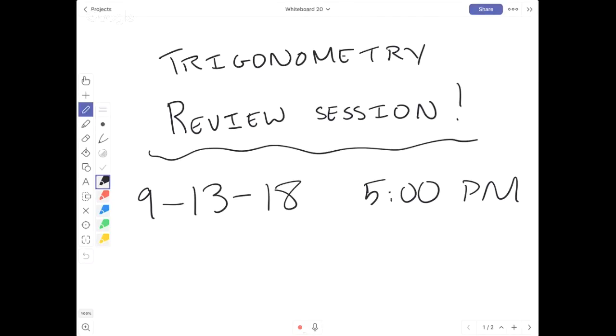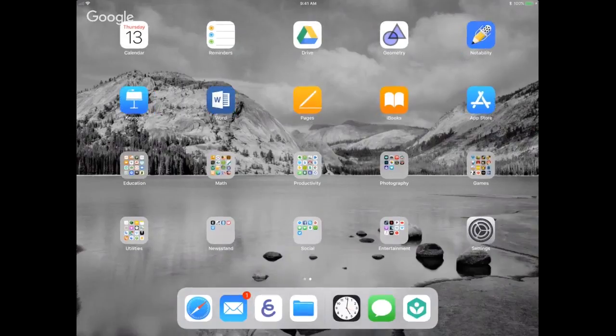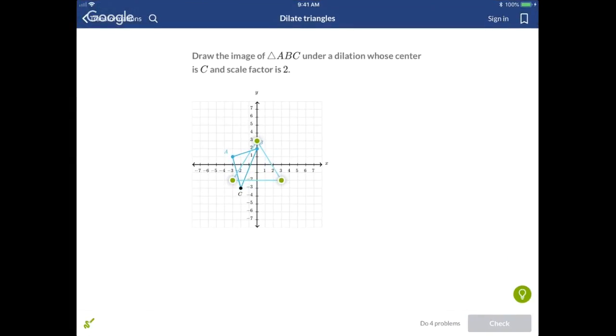Okay. So the book doesn't have anything on similarity and dilations, really. So those foundational standards, I gave you practice on Khan Academy, so I'll probably start with that. So I'm going to leave that screen and head over here.